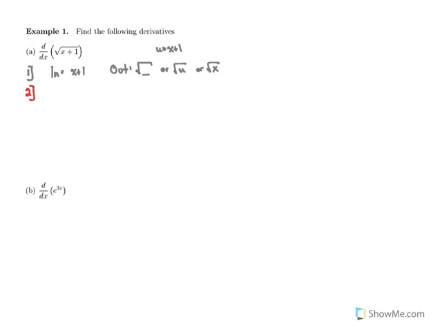Once we've done that, we need to take the derivative of the outside. Note this is the same thing as x to the 1/2 power. That's going to be 1/2 something to the negative 1/2. Or I'll write that maybe as 1/2 x to the negative 1/2.